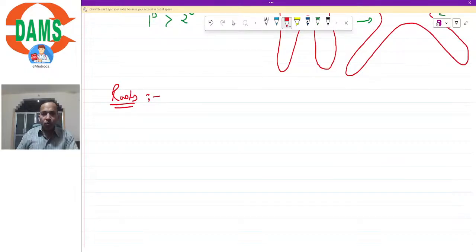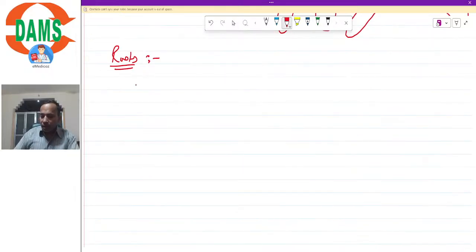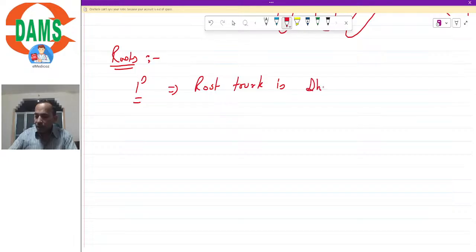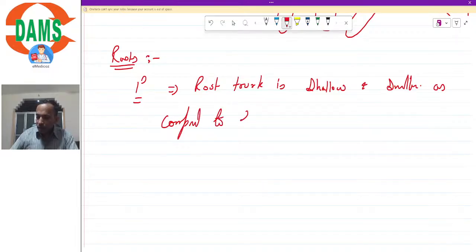When we are talking about roots, as you can see here, in case of primaries, the root trunk is shallow and smaller as compared to permanent dentition.